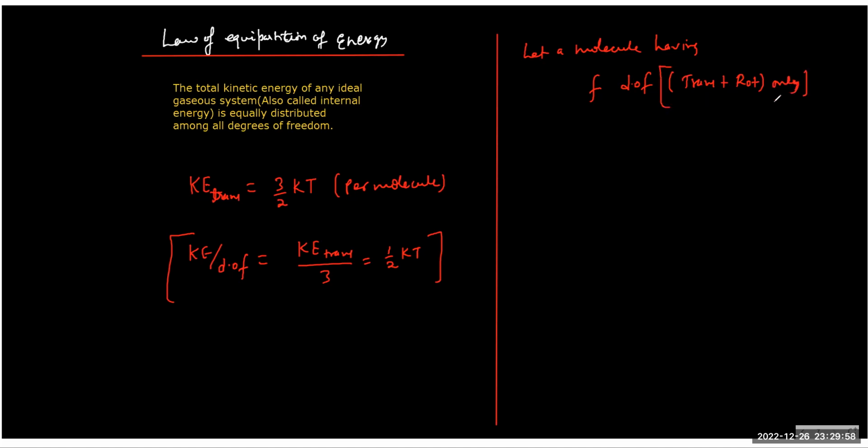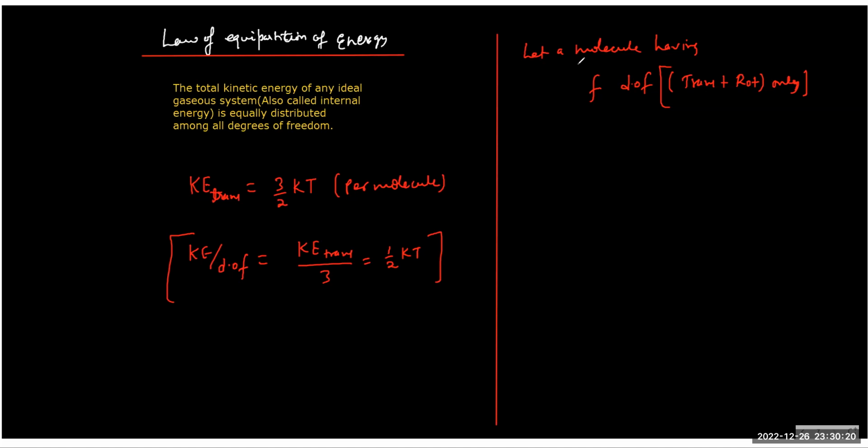So we are not considering what? Vibrational. So keep in mind that I'm only considering the translational and rotational. I'm saying that the total is F, because in JEE the vibration is not there. If they mention it explicitly, I'll show how to change the calculation.